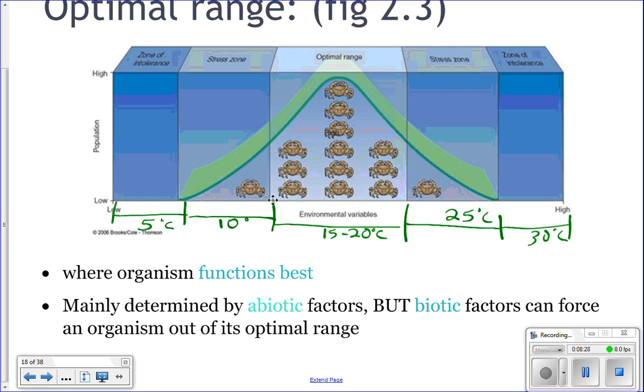Those are called the zones of intolerance, where the organism can no longer survive. So the optimal range is where it survives best. It is determined by the abiotic factors mostly, and then the biotic factors are the things that can push that animal or plant outside of its optimal range.